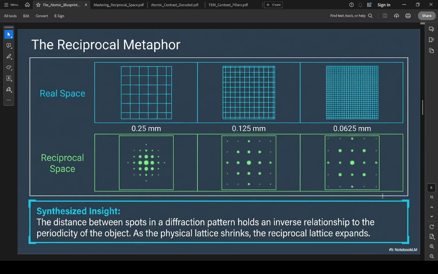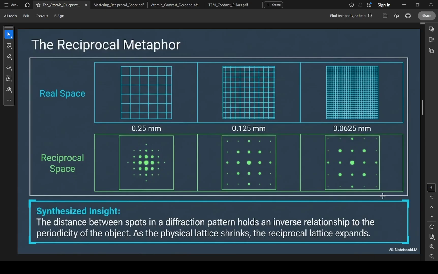The distances in reciprocal space are inversely proportional to the distances in real space. So if your interatomic distances are smaller in real space, then in reciprocal space the spots will be much more spread out.